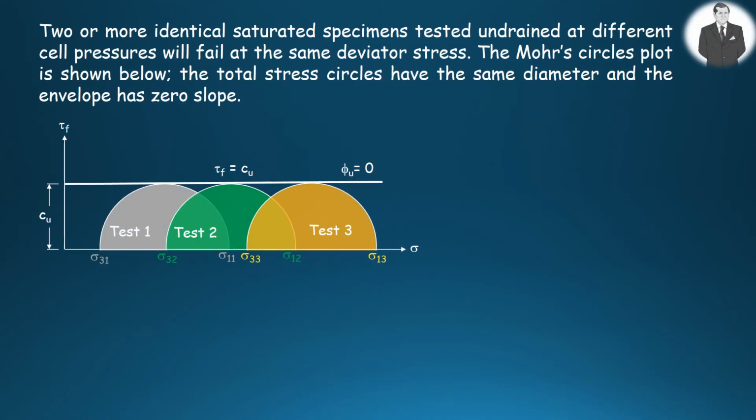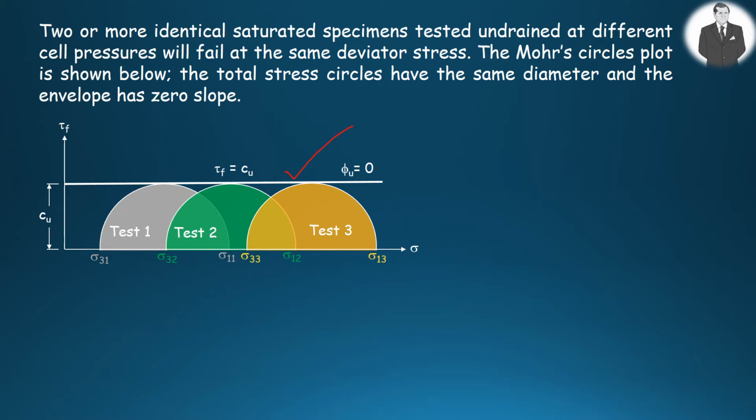If two or more identical saturated soil samples are tested under undrained condition at different confining pressures, they will fail at the same deviator stress. In this case, the total Mohr circles have the same diameter and the failure envelope has zero slope as shown in the figure.